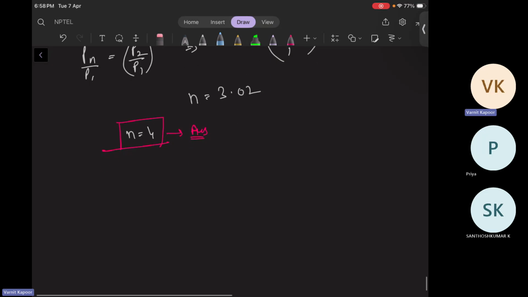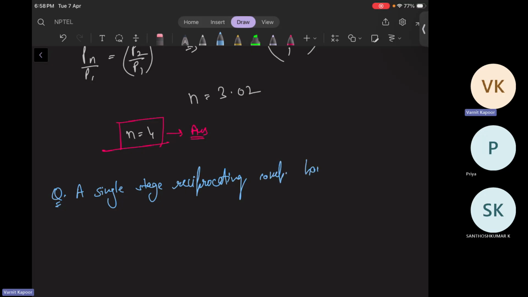All right, next question. A single stage reciprocating compressor having bore of 200 mm, and stroke of 300 mm. It runs at a speed of 500 rpm.